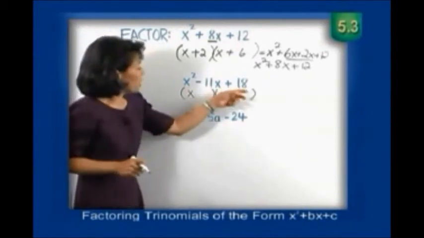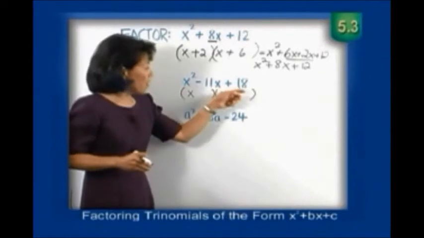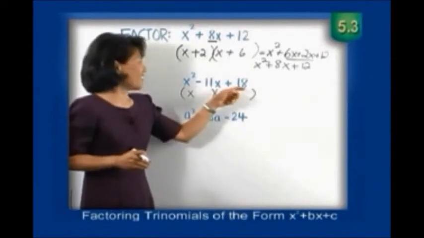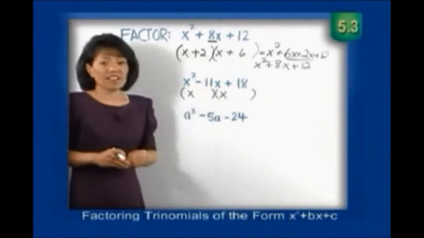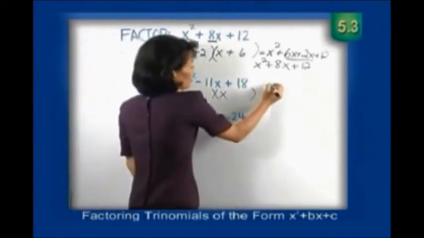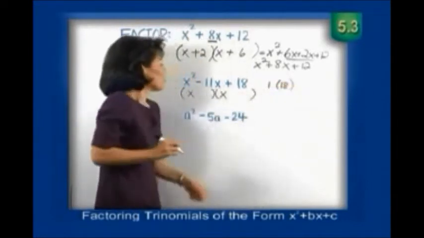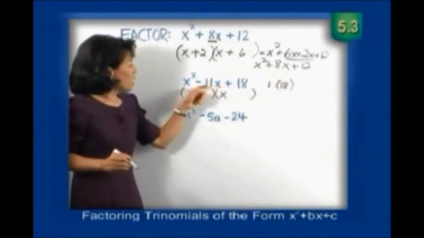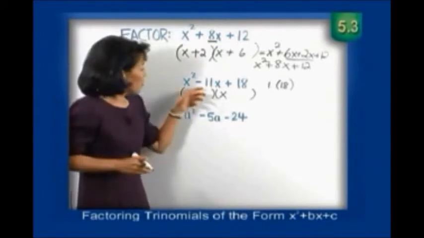So here we go. Again, what we're going to do is list all the products of all the numbers that have a product of 18 but a sum of negative 11. So let's start. 1 times 18. Now, since we want to have a positive product but a negative sum, let's think about multiplying signed numbers.